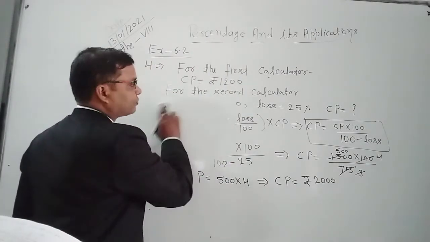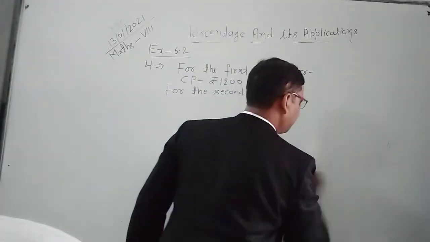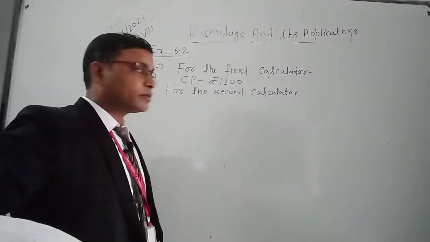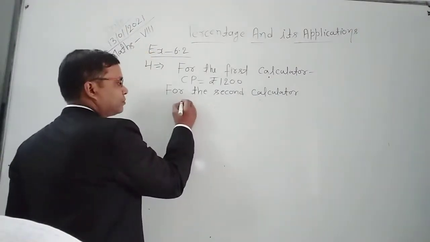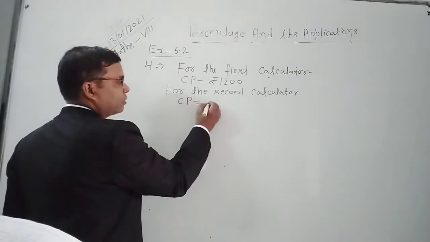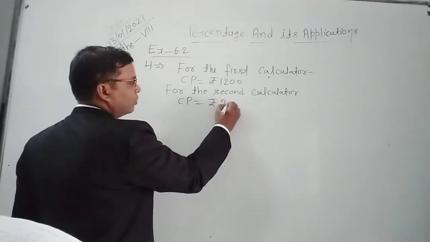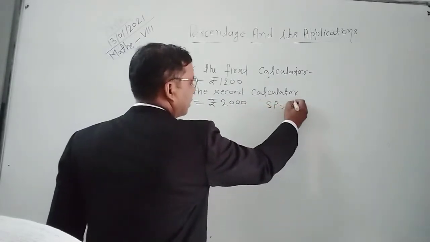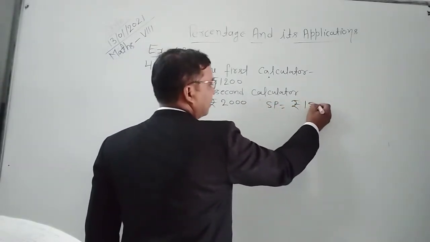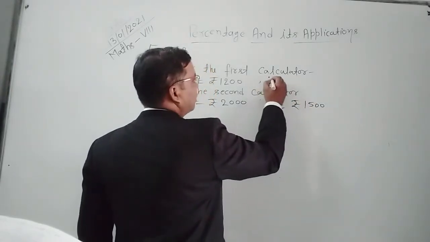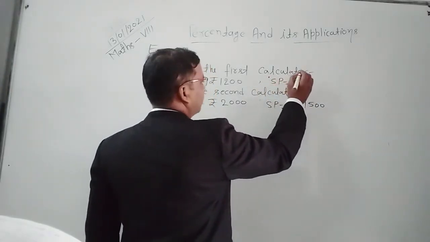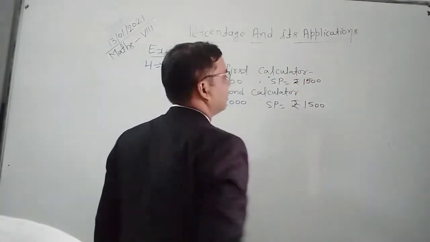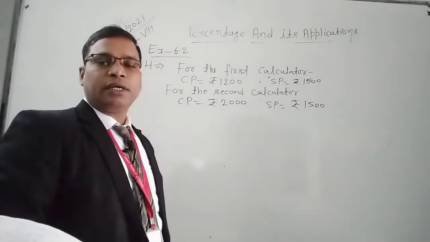Now here we solve the cost price. The cost price of the second calculator is rupees 2,000 and the selling price is given as 1,500. Here also the selling price of the first calculator is rupees 1,500. So here we find the total cost price.